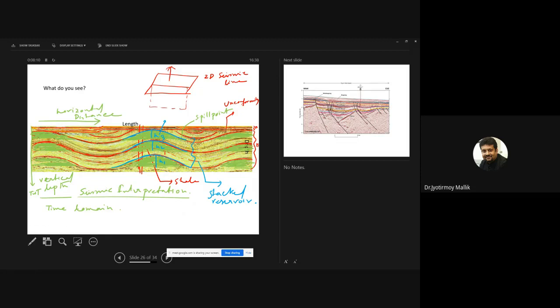If I have a time domain image, I do depth conversion to get a depth domain image.